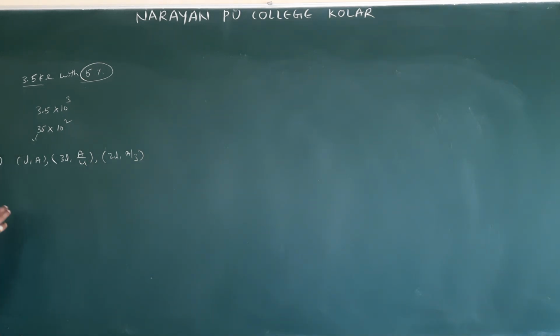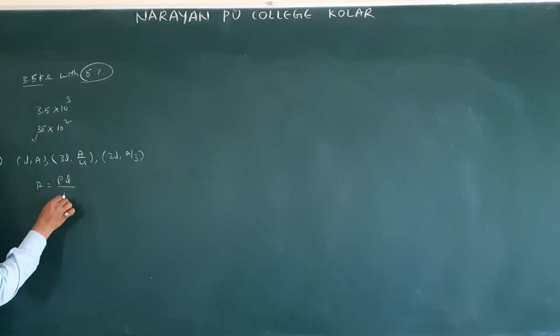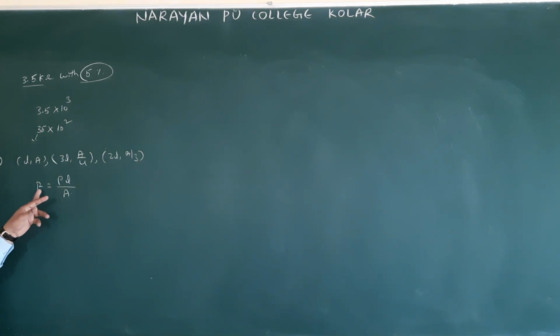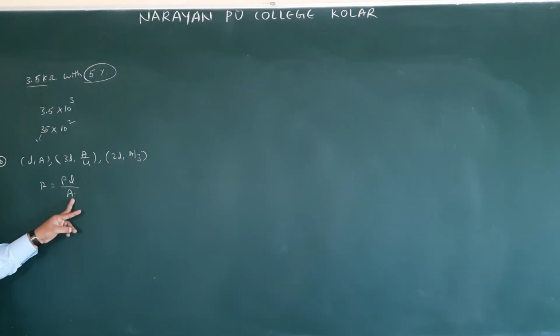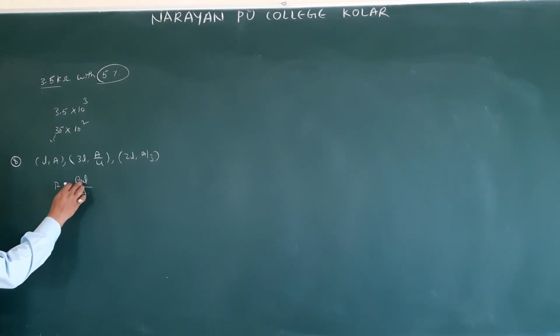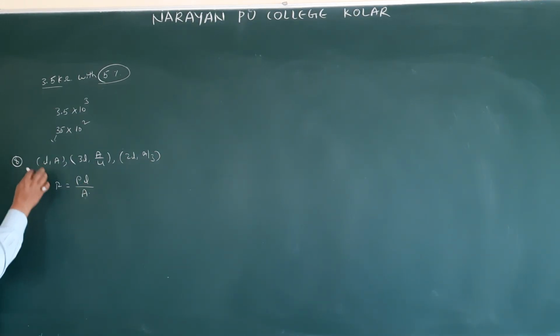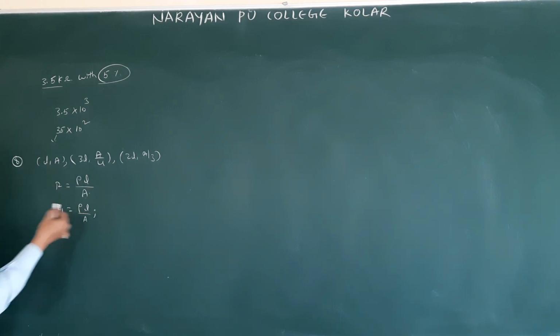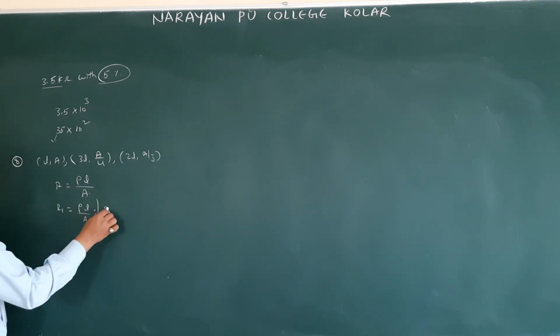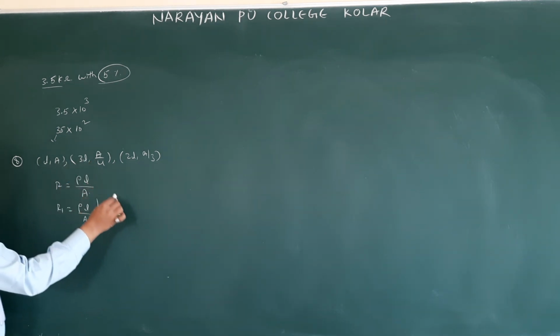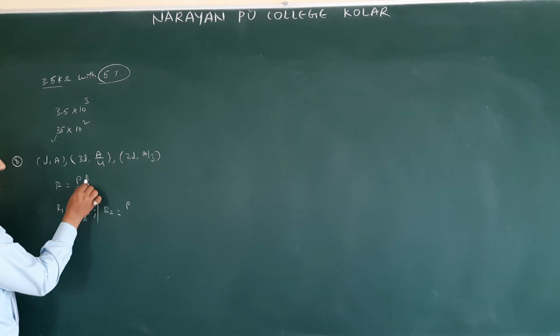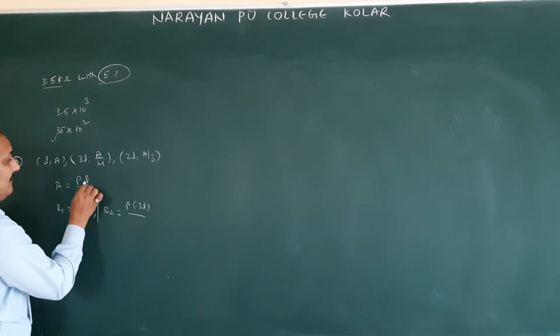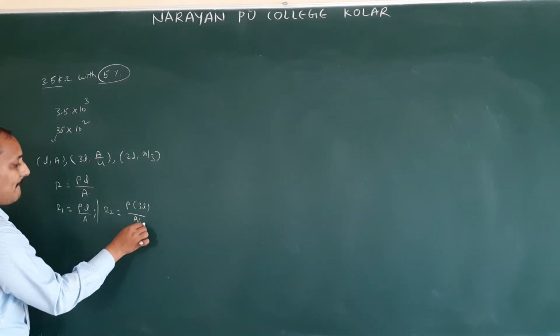What is the resistance formula in terms of L and A? R is equal to rho L by A. Do you remember this equation? Resistance is directly proportional to L and inversely proportional to A. First we substitute for the first one: R1 is equal to rho L by A. For the second one, in place of L we put 3L, and in place of A we put A by 4.